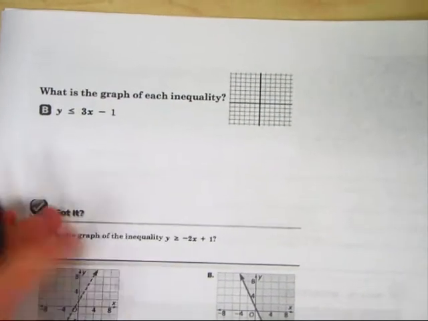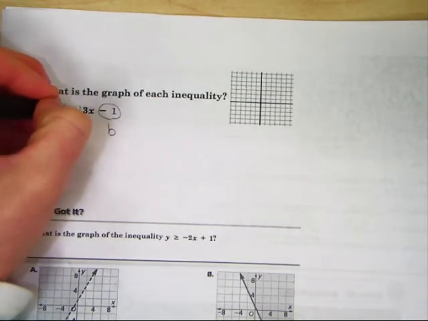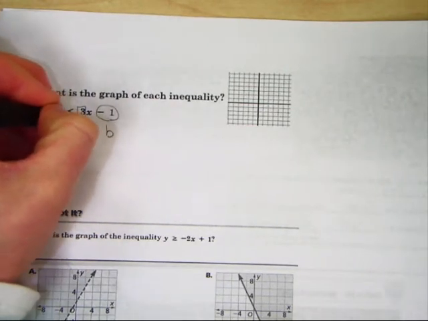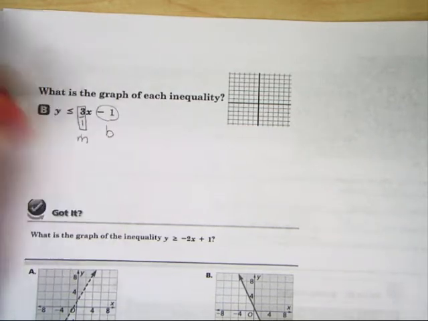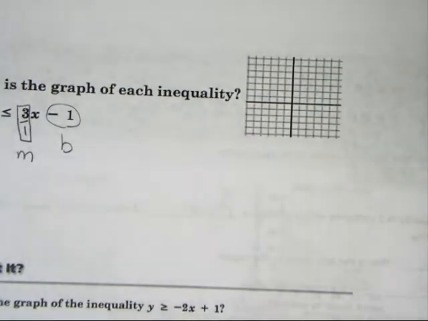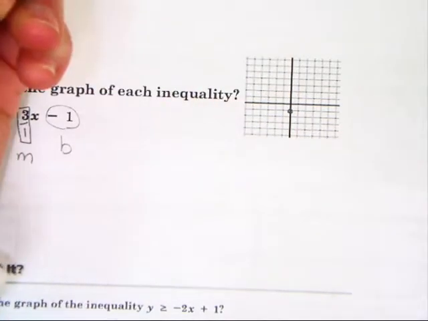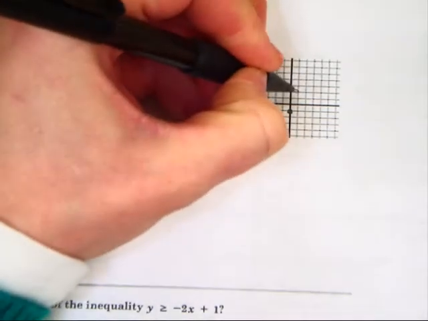Moving on to part B. The y-intercept is -1. The slope is 3/1. So again, I will start by going down 1 and drawing my y-intercept. Then, like I did before, I'm going to go up 3/1.